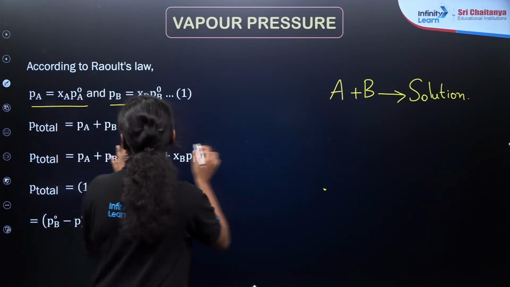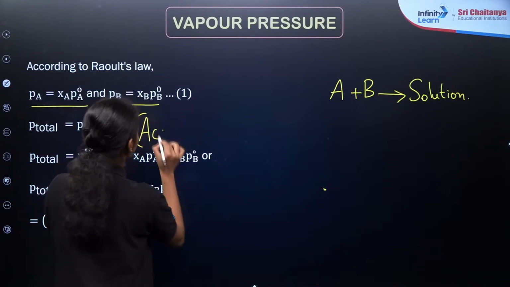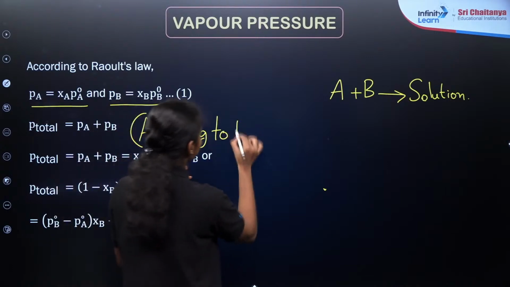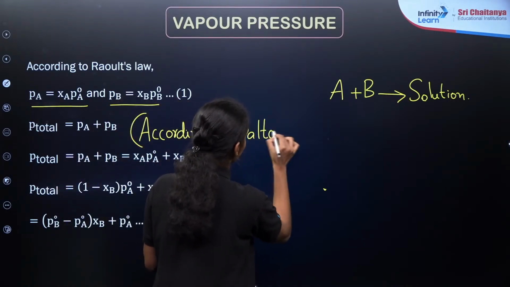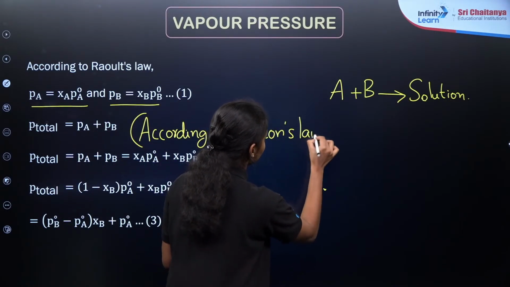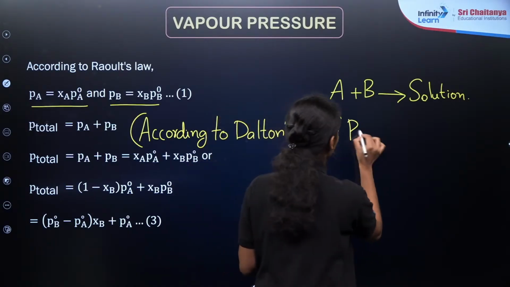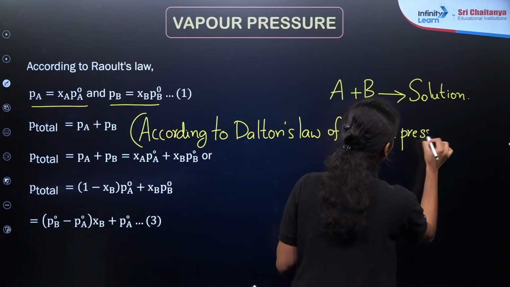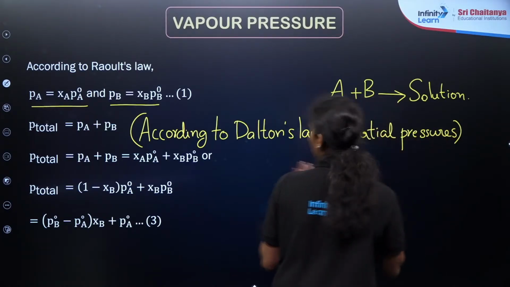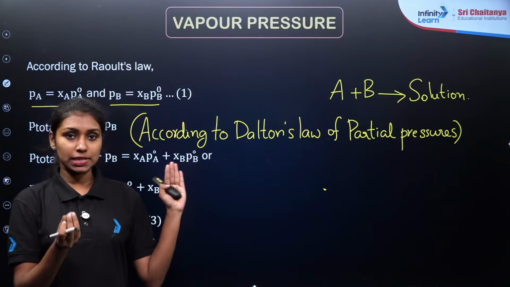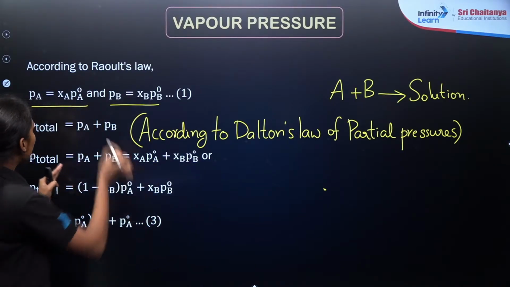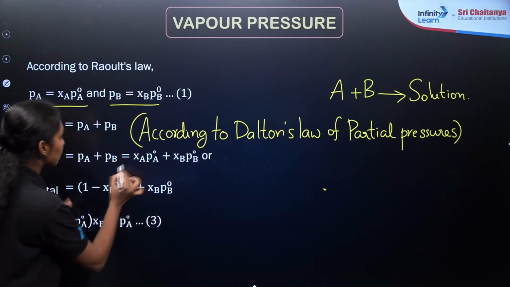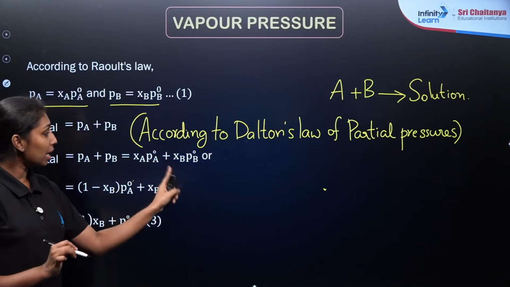So the total pressure is the sum of partial pressures of A and B. Here PA is equal to chi A into PA0, so P total is equal to chi A into PA0 plus chi B into PB0.